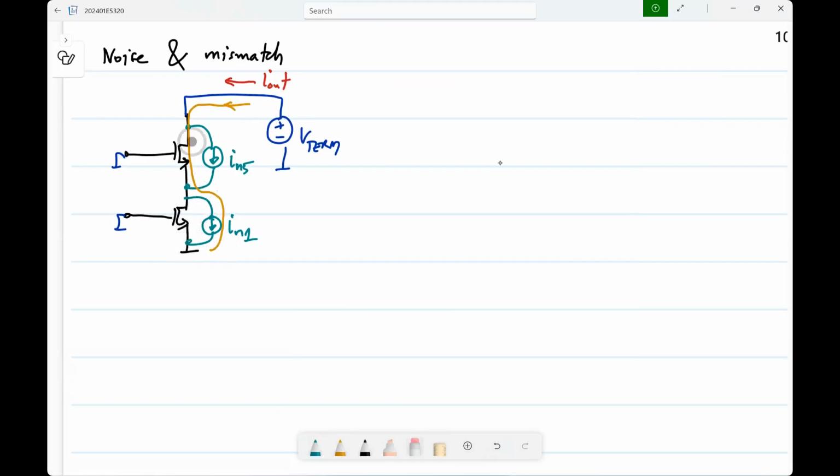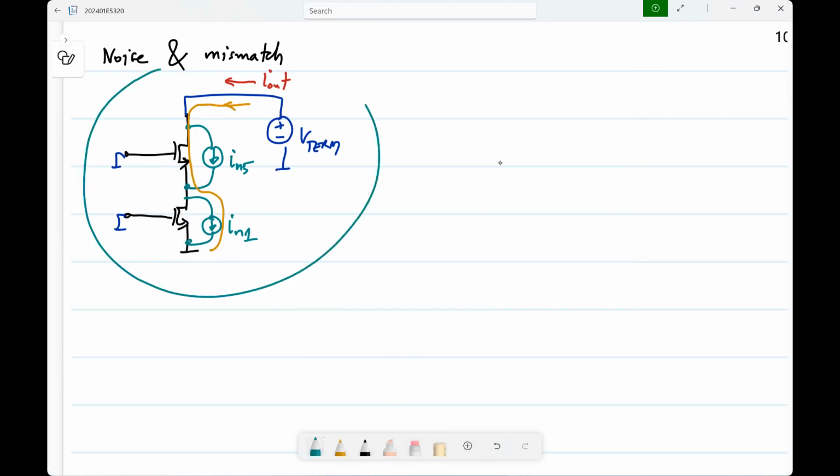So, all of this current has to flow that way. Now, if it does have an output resistance, then this current will get divided between gm5 and gds1. So, that division factor you can calculate, but to a first order you can neglect that and assume that all of it simply goes to the output.